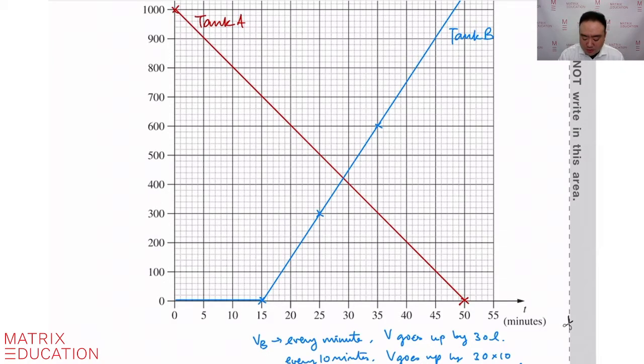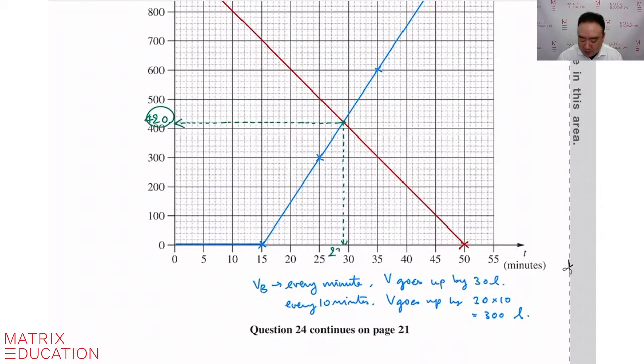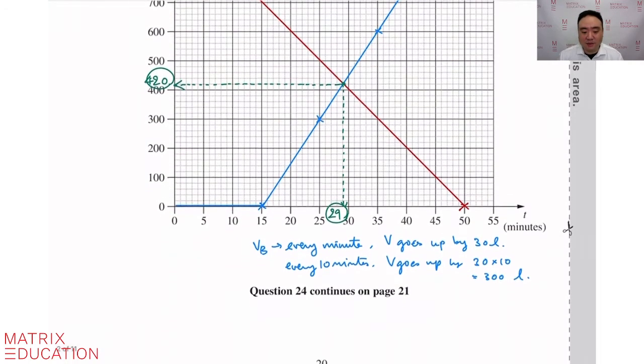Now, if I draw this out, I'm going to use green. I'm going to mark that point of intersection. I'm going to find out at what time that happens and at what volume. If you read the graph, we see that this here is 420 liters, and that happens on the 29th minute.